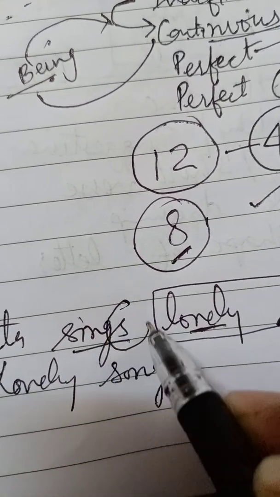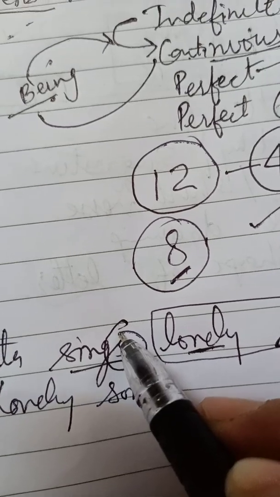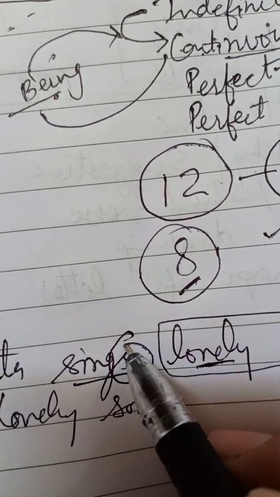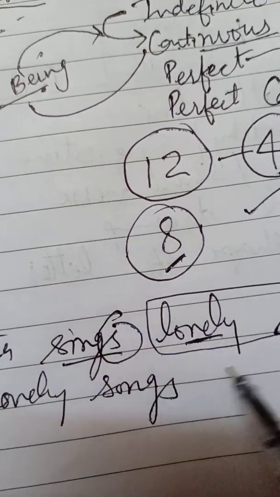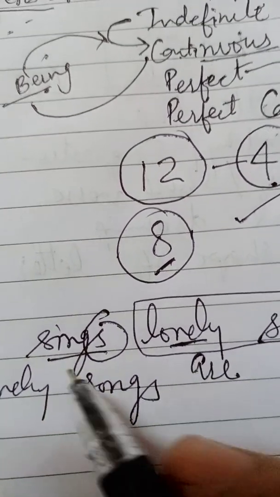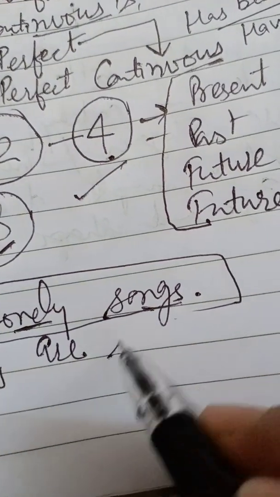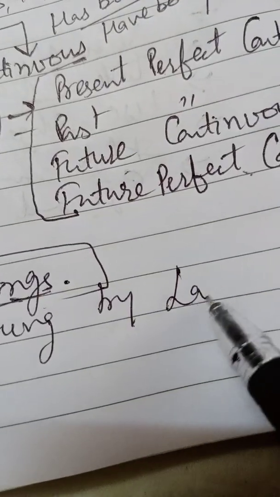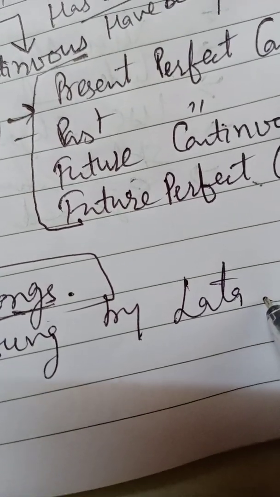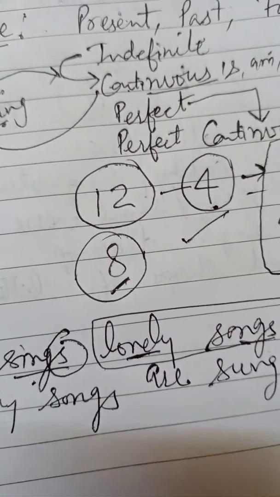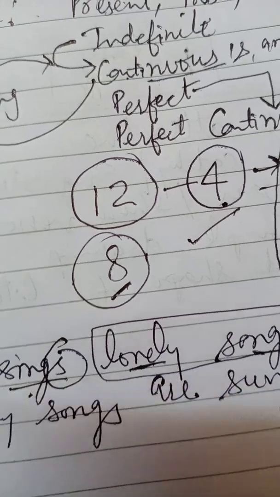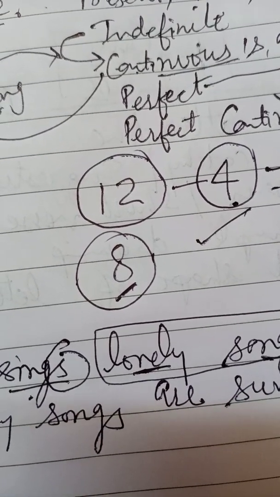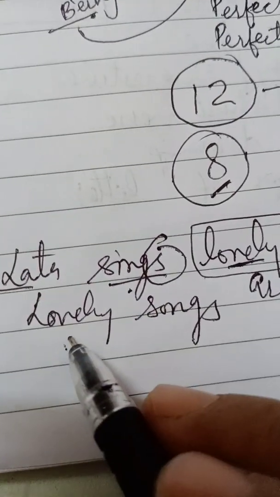This is present indefinite, it will change into present continuous passive, and as I told you, only the helping verb we need to use. So songs are plural, so are. Then the third form, sung, by Lata. Okay, got my point?